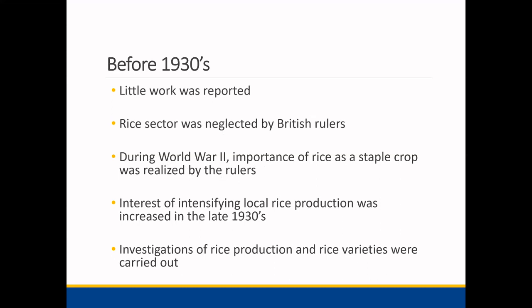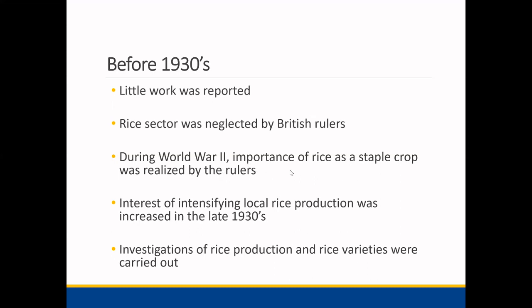Why? Because with World War II, there were a lot of problems, especially in importing rice. Earlier they were importing and focusing on plantation crops. But now, because World War II affected so many countries during the 1940s, there were problems in transportation and economic issues.